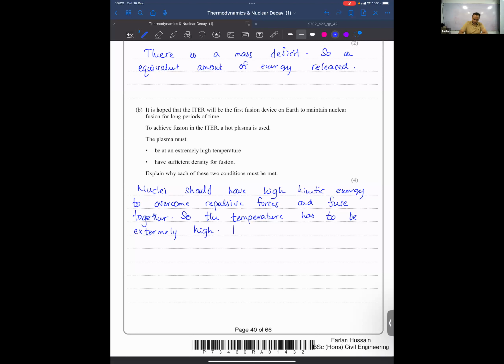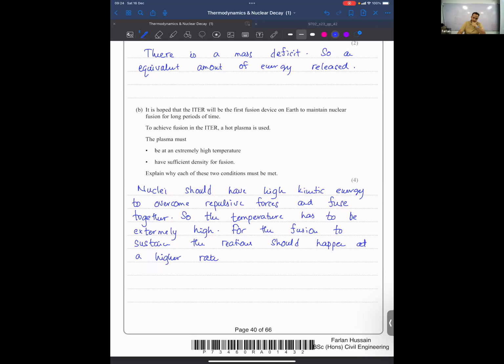For the nuclear fusion to sustain, the reaction should happen at a higher rate.